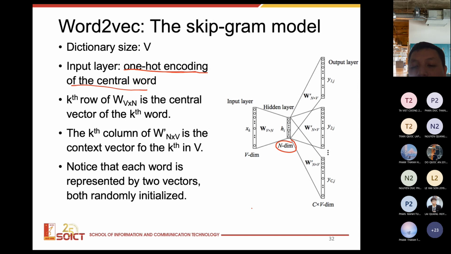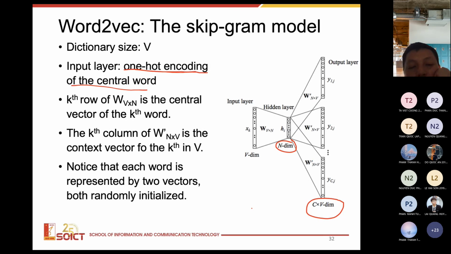It has a CV dimension, where V is the dictionary size, right? So every row here corresponds to the probability of one word in the context, right?